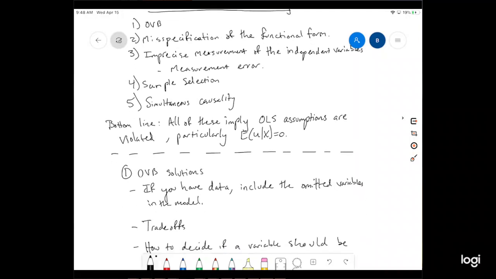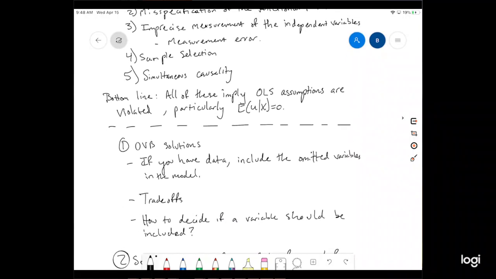Okay, omitted variable bias solutions. If you have the data, include the omitted variables in the model. So pretty simple. If for example, in our test scores and student-teacher ratio example, we've been seeing that percent English learners is an important omitted variable, and we have that data, we simply include it in the model, and it solves the omitted variable bias problem from leaving that variable out.